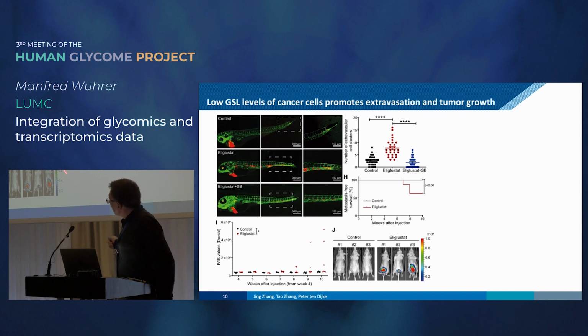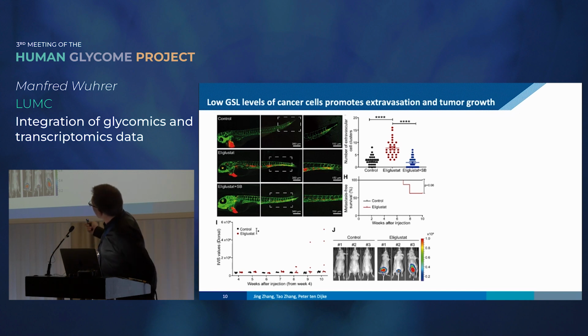And the mouse situation is paralleled again by the zebrafish situation. What I showed before is overexpression of gangliosides by overexpression of SD3-Gal5. Now we inhibit ganglioside synthesis, and then indeed it goes in the other direction. This inhibitor comes with more extravasation, so more cancer, and you can inhibit TGF-beta signaling, and by that you can reverse this effect again.